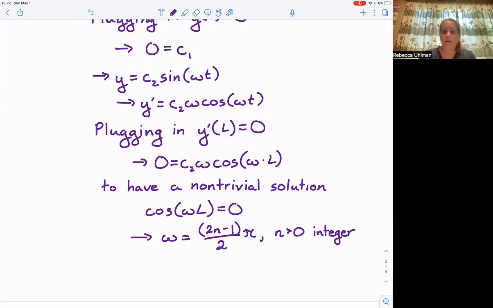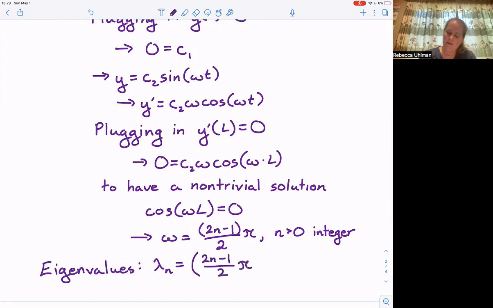So we wind up getting that we have eigenvalues lambda n equaling omega squared. So we have 2n minus 1 over 2 all times pi.